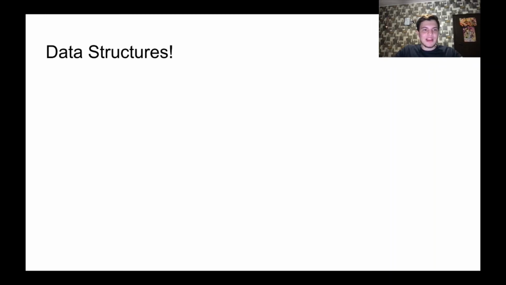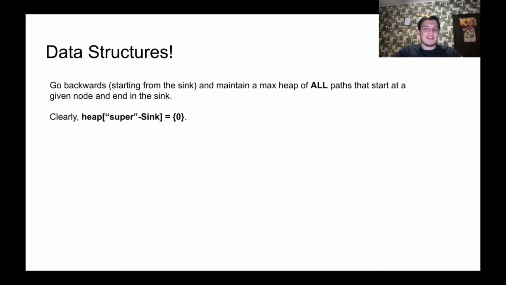So what do we actually have? Let's go backwards, starting from the super sink, and maintain a max heap of all paths that start at a given node and end in the sink. This may sound kind of weird, but it's basically just that we have a heap for every node, and it will represent all of the paths that start from it and go to some other node.